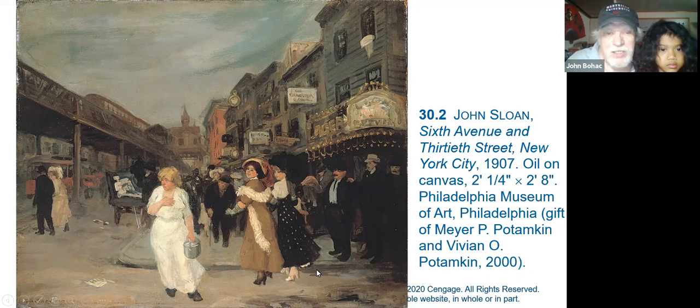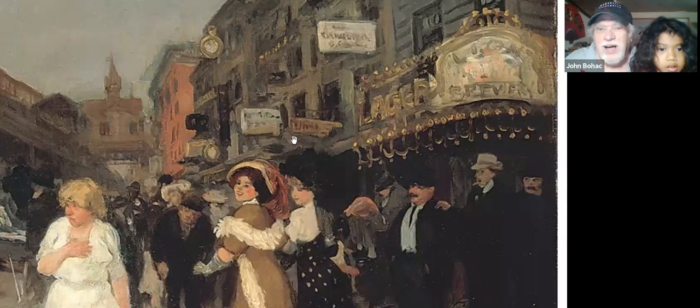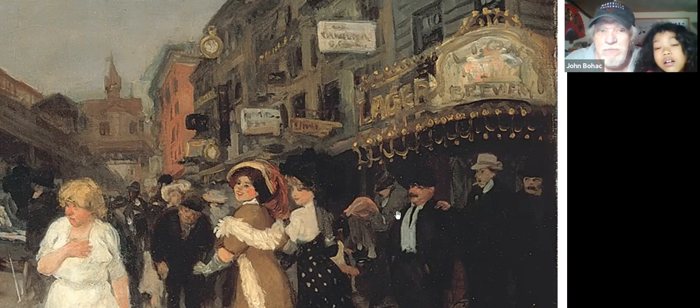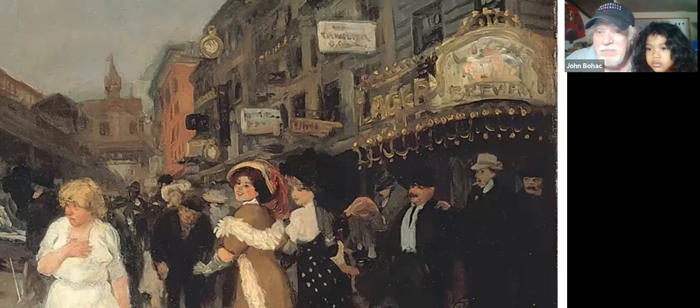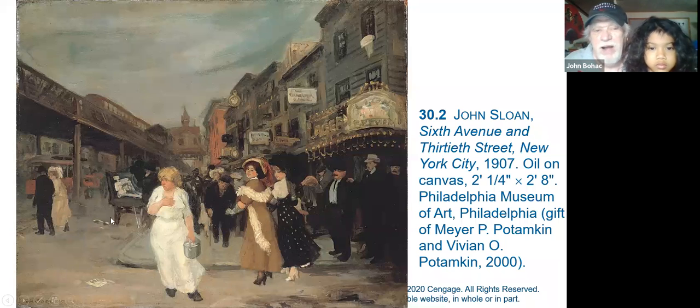If you want to analyze it vis-a-vis European painting, first of all, you can see it's got that impressionistic brushwork. It's not trying to be a photograph. It is a painting.